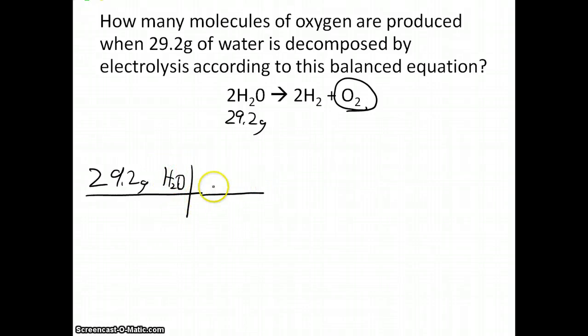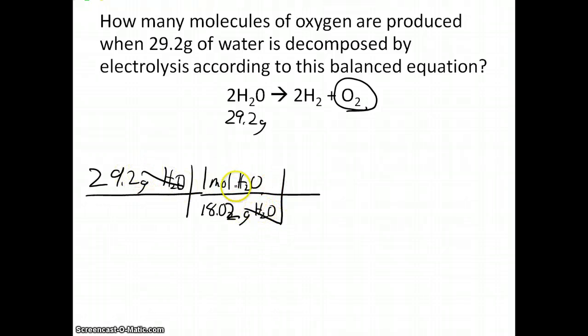For every 1 mole of H2O, we need 18.02 grams of H2O. Now grams of H2O is canceled.